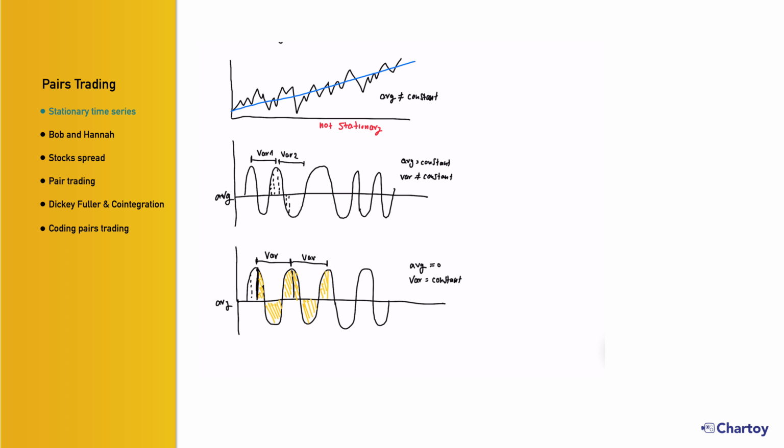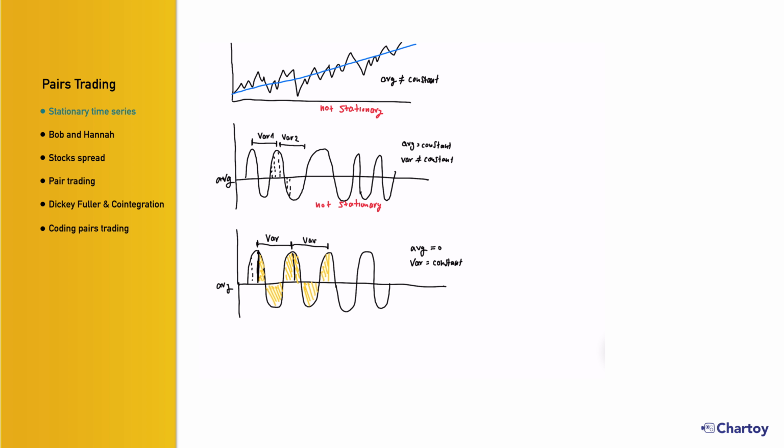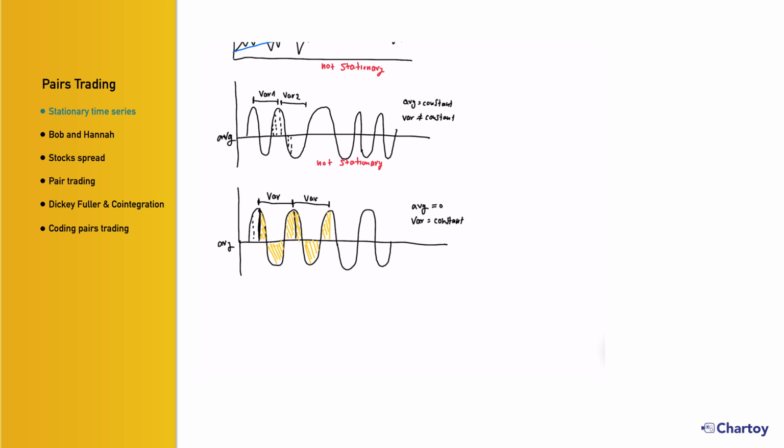The second one, we have the average constant, but the variance is not constant, right? So we can say this one is not stationary because we need both of them to be constant. But the third one, the average is 0, constant, and the variance is also constant. So we can say that this pure sinus wave is defined as stationary.